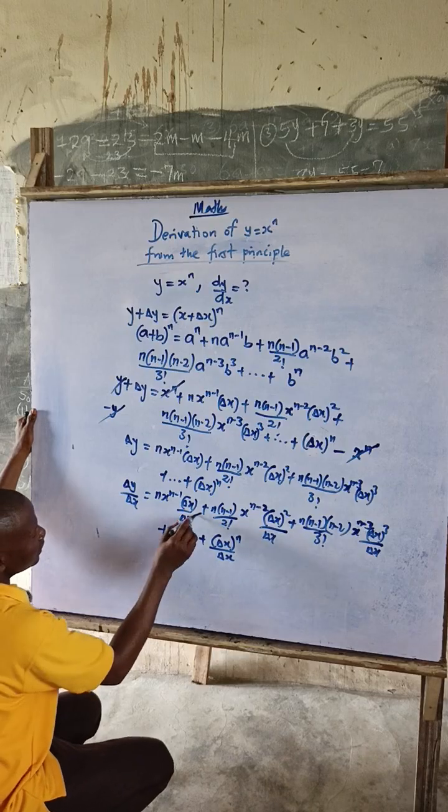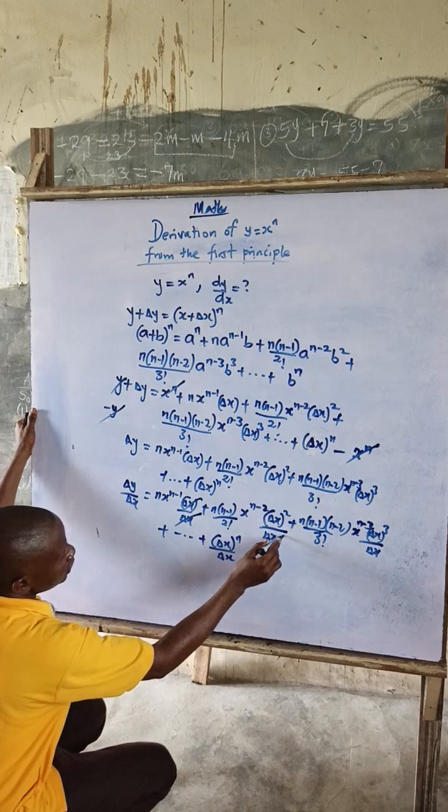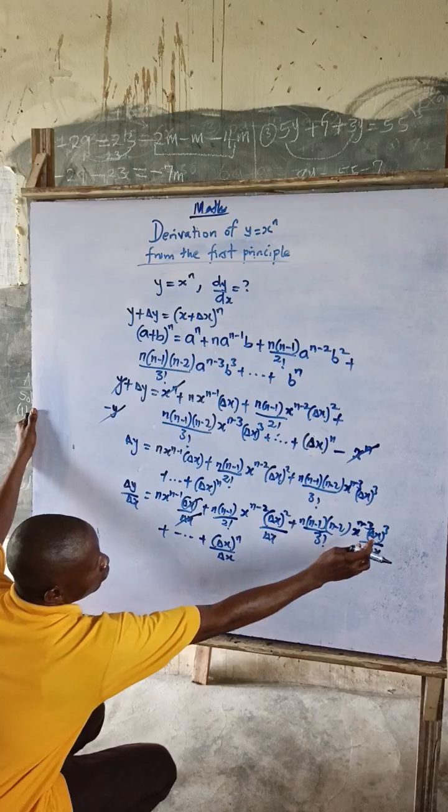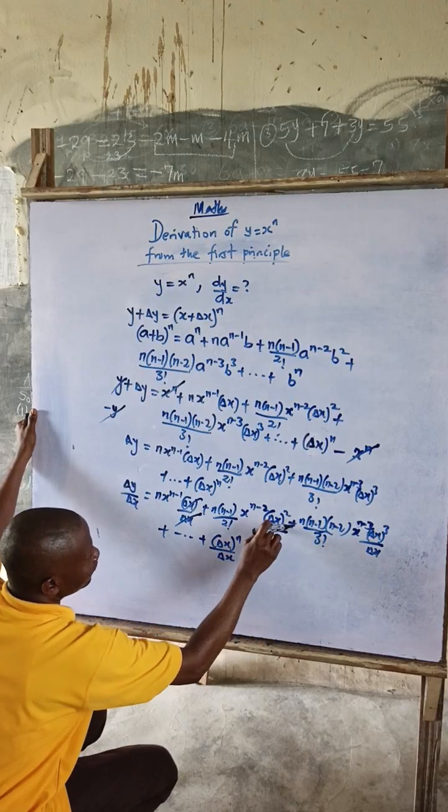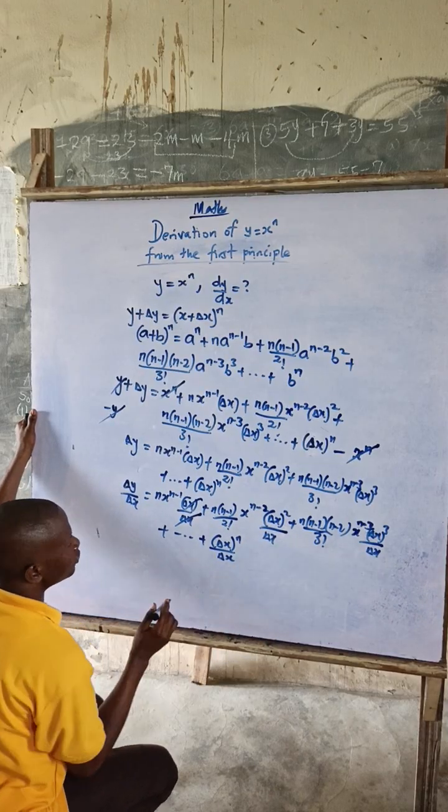In this case, this cancels this. Each delta x power reduces by 1 too. Here we will have delta x left, and this will be delta x raised to power 2.